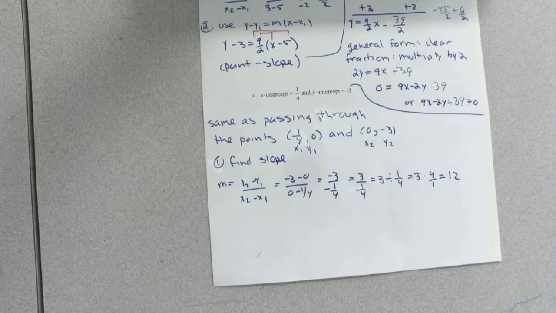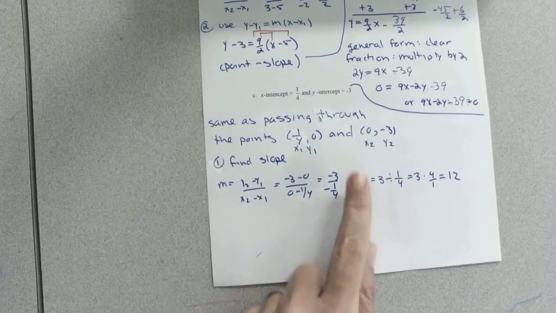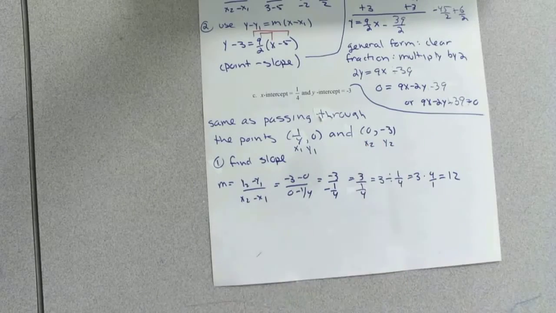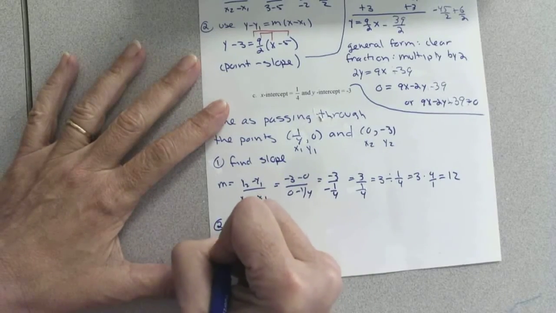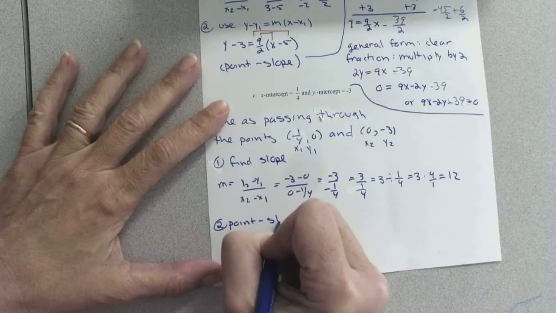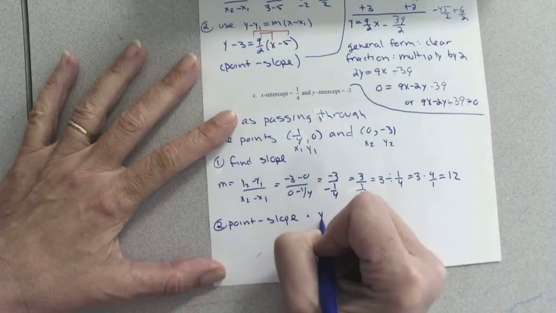Now, you could use y equals mx plus b here, because we know the b, and that'd be fine if they didn't tell us to use point slope. So point slope, because that's one of the answers they wanted.